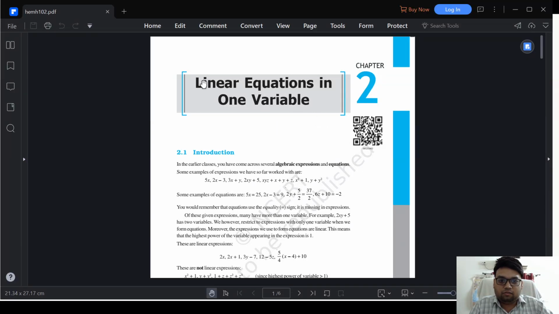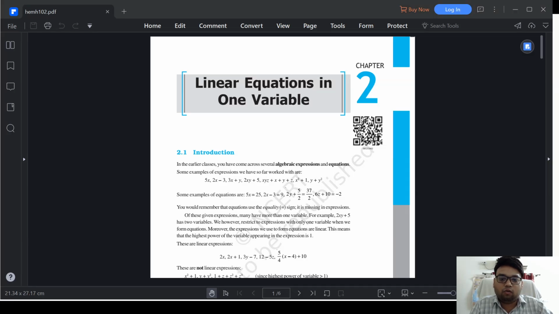As the name implies, here we have to learn what a variable is and what a linear equation is. We have to learn what the terminology says.